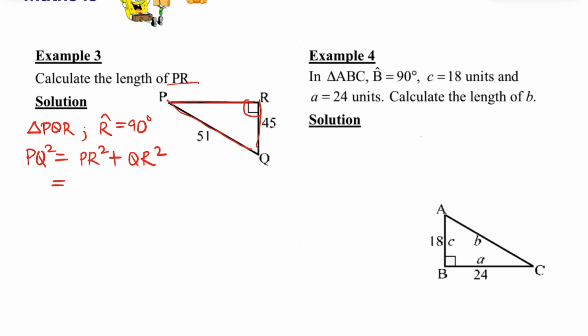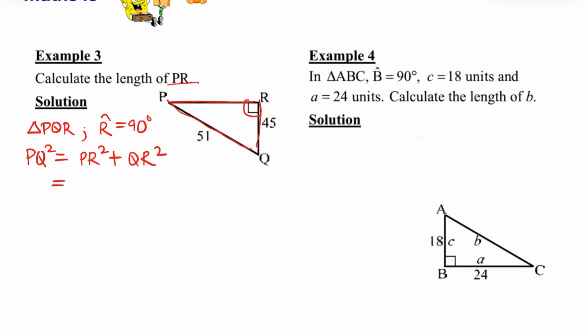Remember, if we are not given the units there, it's going to be units. So if we're not given centimeters or meters or whatever, it's going to be 45 units, 51 units. The size that we're going to get here must be in whatever units. And this size that we're looking for, which is PR, must be lesser than 51, which is the longest side.